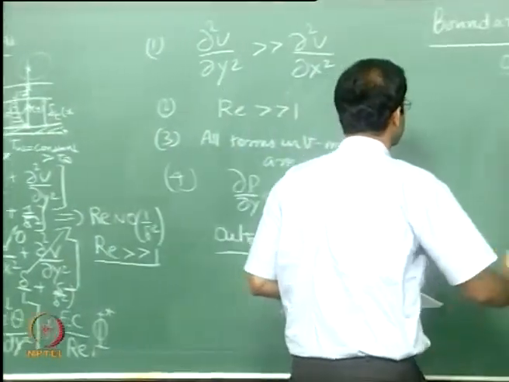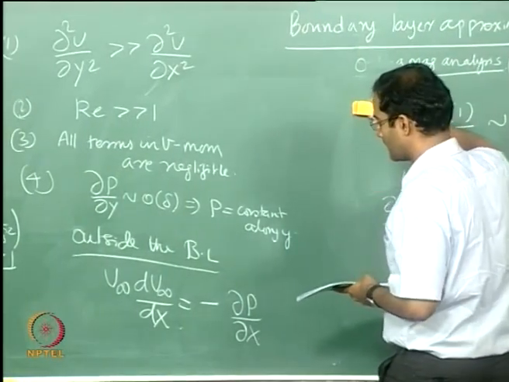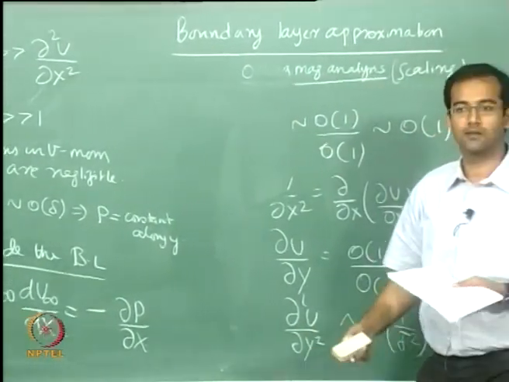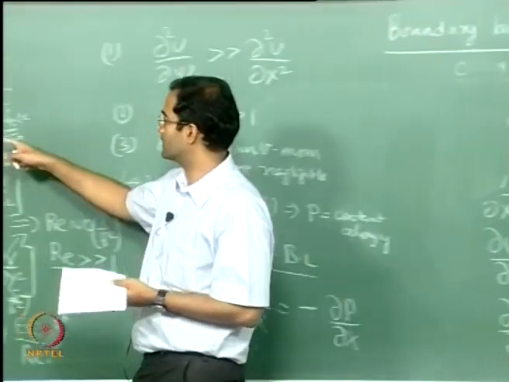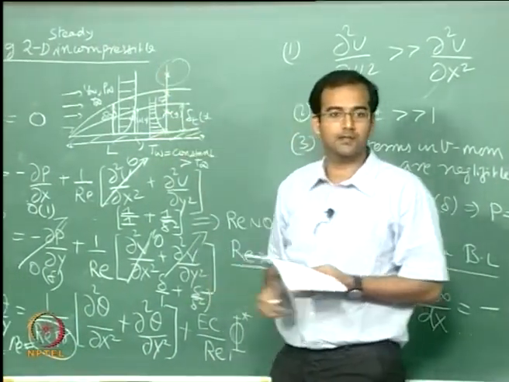So now based on this we can calculate dp infinity by dx. In this case it does not matter, p infinity and your p here are going to be the same. So you do not want to differentiate your free stream pressure from the pressure inside the boundary layer.